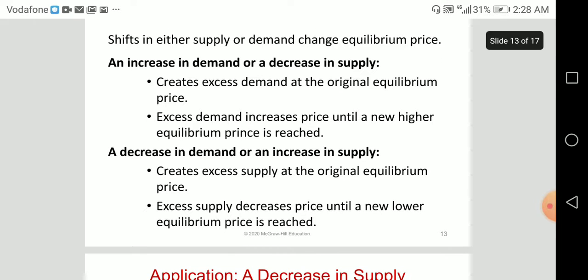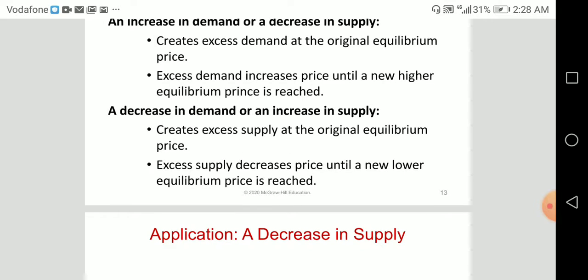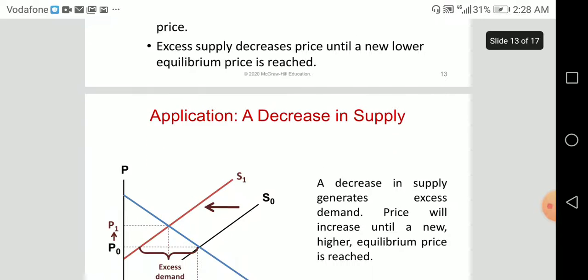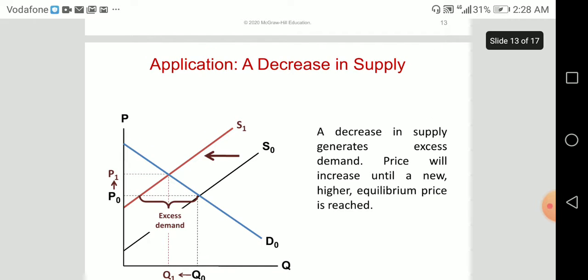Excess demand increases the price until a higher equilibrium price is reached, as we mentioned. And vice versa, a decrease in demand or an increase in supply creates excess supply, meaning a surplus, at the original equilibrium point. Excess supply decreases the price, of course, until a new lower equilibrium price is reached, as we said, and very obvious, I think.